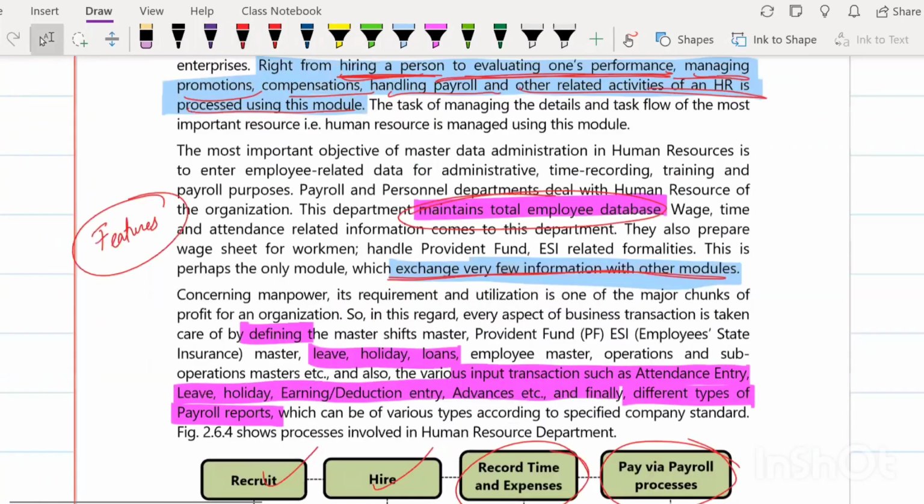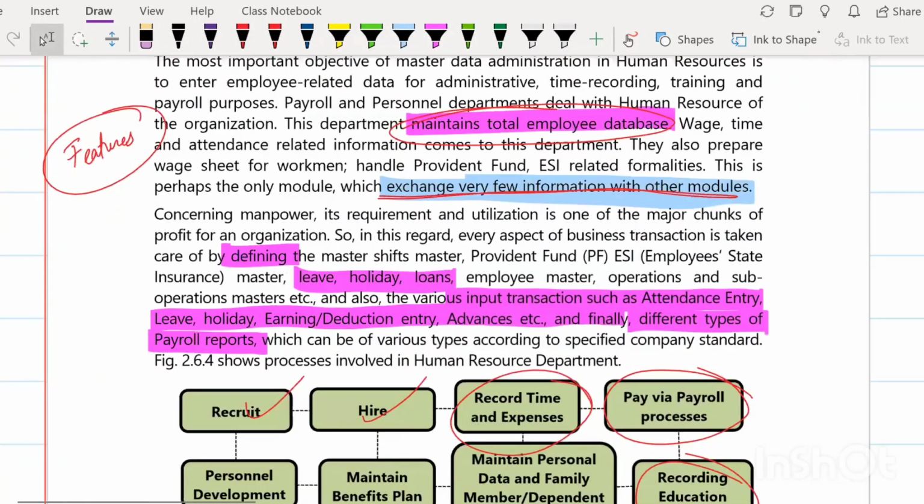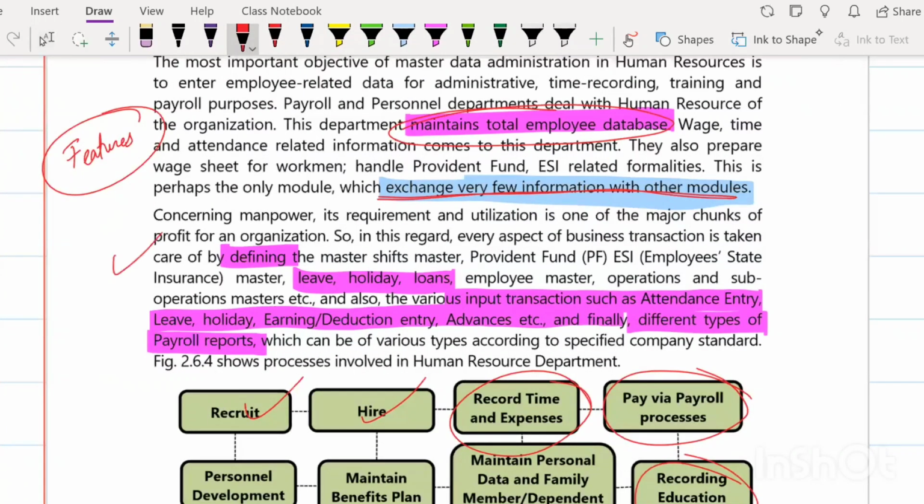Other information in the human resource module includes your leave, holiday, and loans. You can also input other transactions, such as what your attendance was that day, how much you are earning, how much your deductions are, and how much your employee advances are.